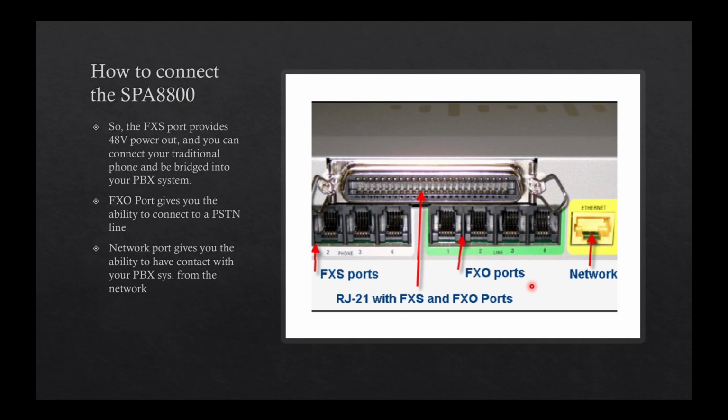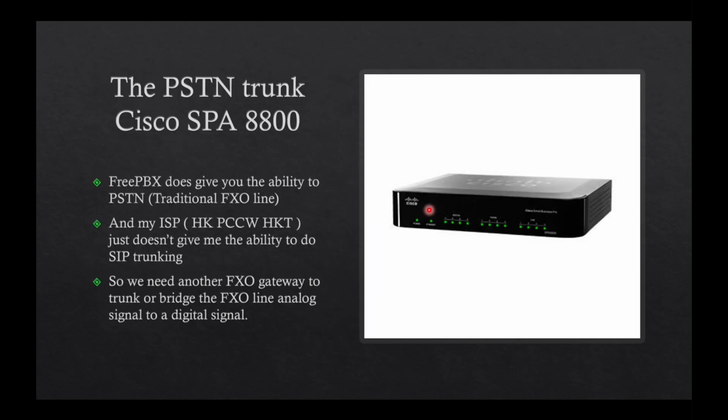This Cisco SPA8800 is actually a quite old SIP gateway. I picked it up on the Hong Kong second-hand market for around 200 Hong Kong dollars, which is around 30 US dollars, so very cheap. It's a 2009 voice gateway, and Cisco manufactured it from 2009 to 2019, so you can say it's a very long-life gateway. It's EOL, so it's not recommended for production, but I use it because I think it's very stable.